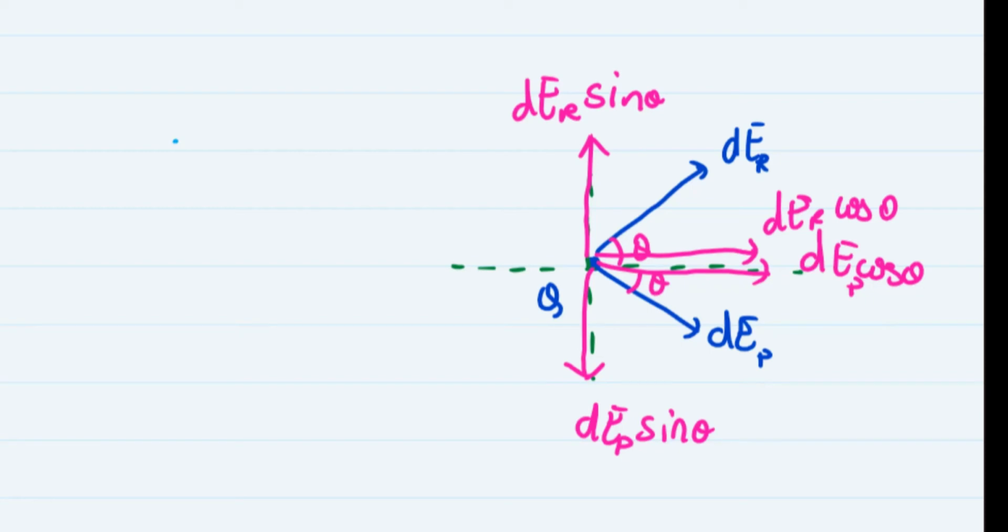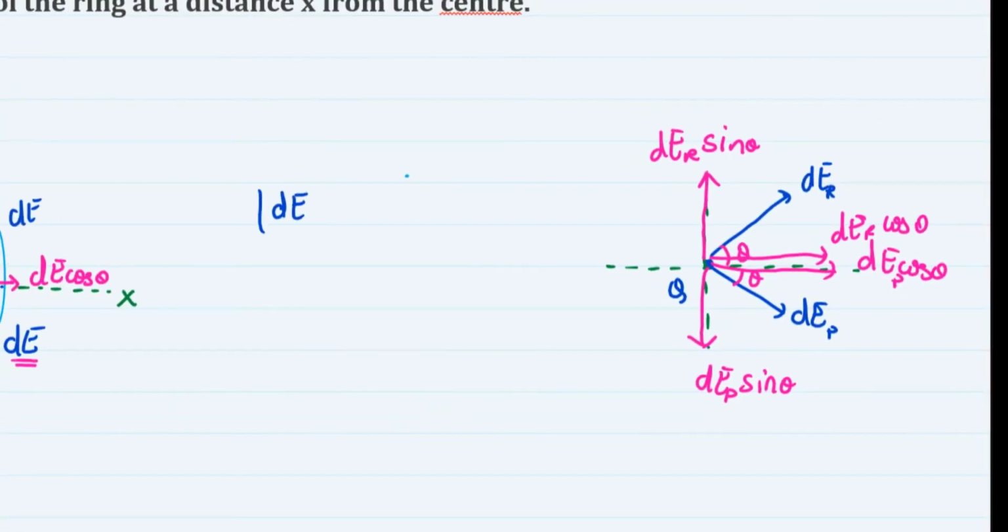We have done this to understand this fact: if I write the magnitude of dE, the magnitude of dE will be nothing but k dq by r square. And what is r?